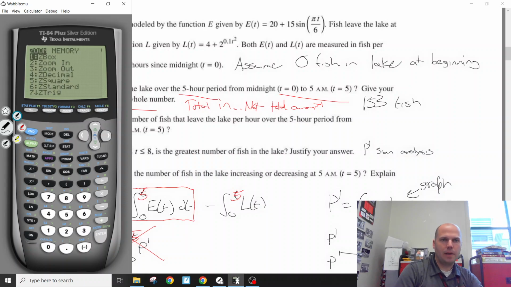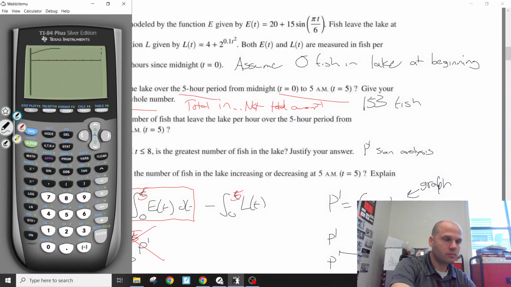Okay, this is P prime. It's positive. That's negative. Can't really tell which area is greater for a min, but I have 0 graphed as well, so it's time to find my 0.